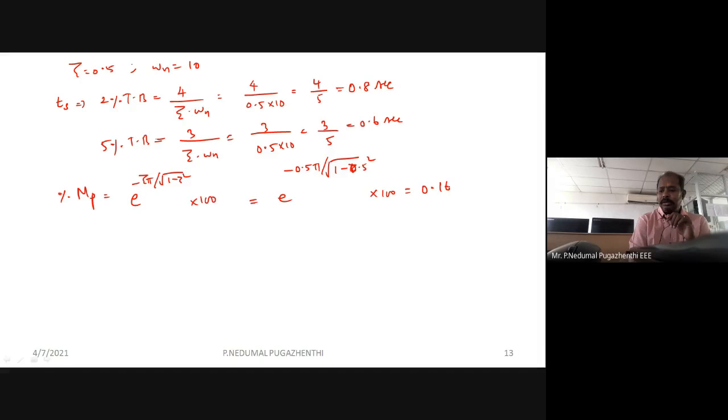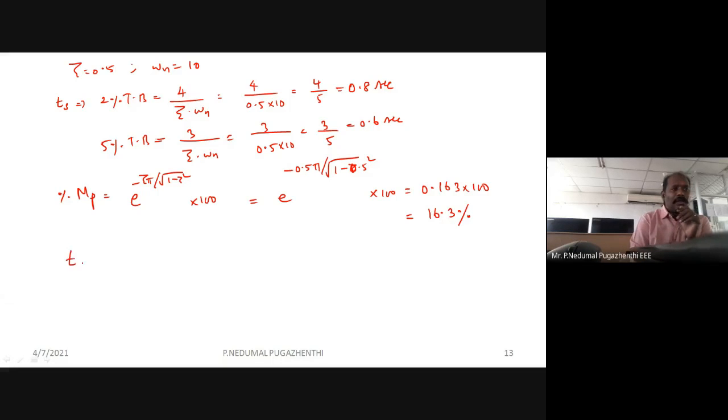If you have a calculator with you, try to verify this. First find the exponent, then go for the e power value, and you will get 0.163. So it is 16.3 percent. People can verify it and tell me whether you are getting the same answer.